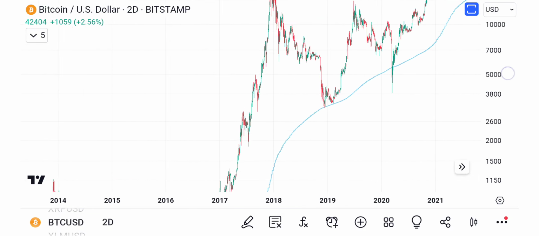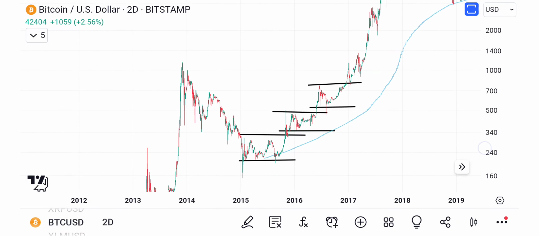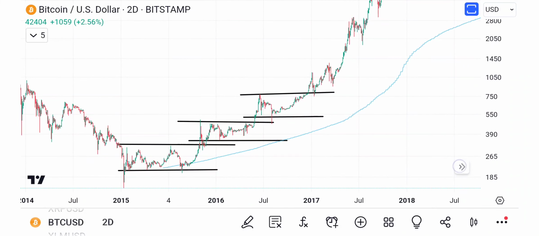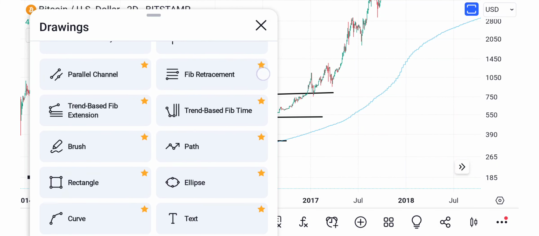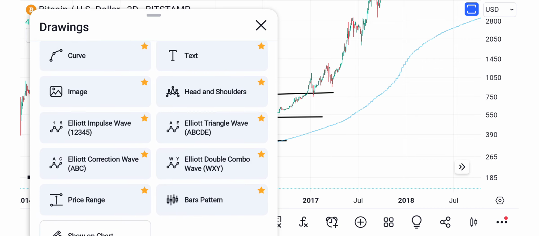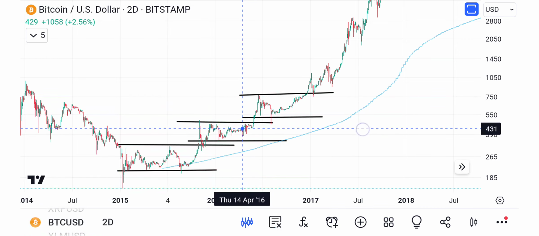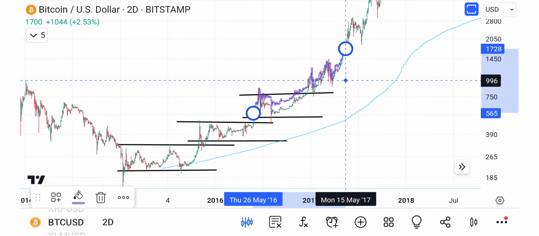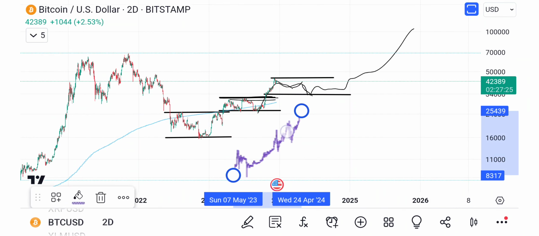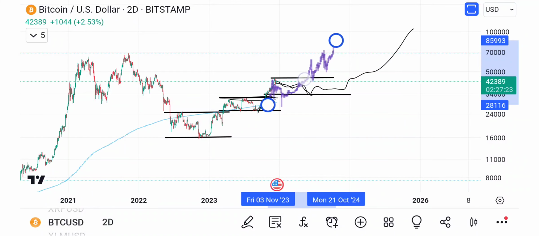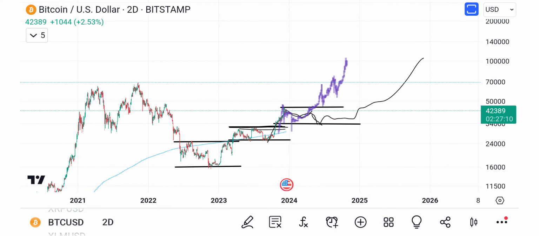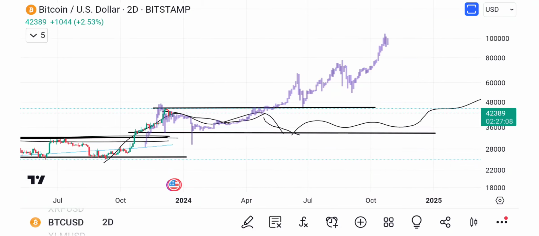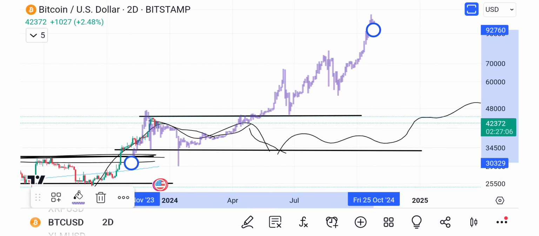So what we can do is, let's go back and look at this. And what we can do here is I'm going to take a fractal and we're just going to line it up here. So I'm going to probably take it from here all the way up to here. Now I'm going to take it and just sort of match it up right in there. So that's sort of what we can expect.